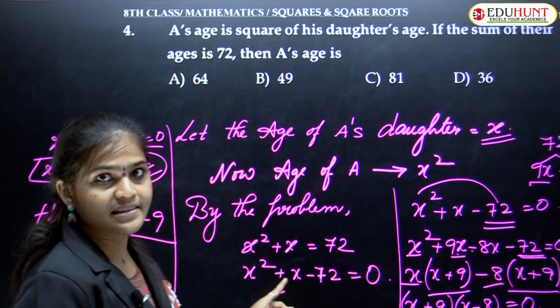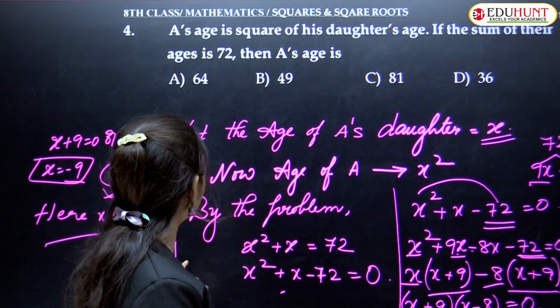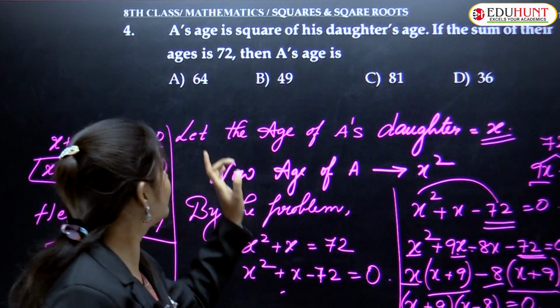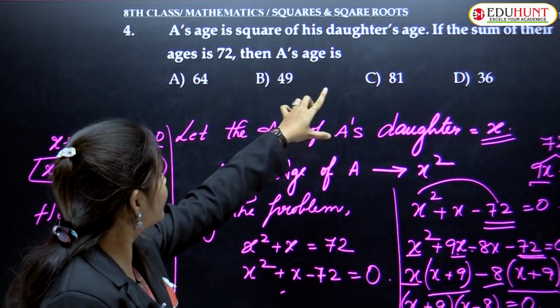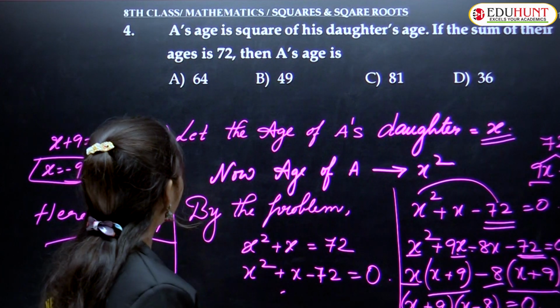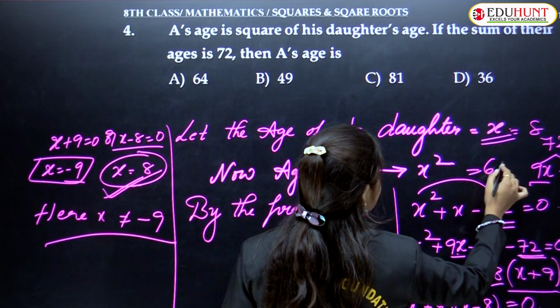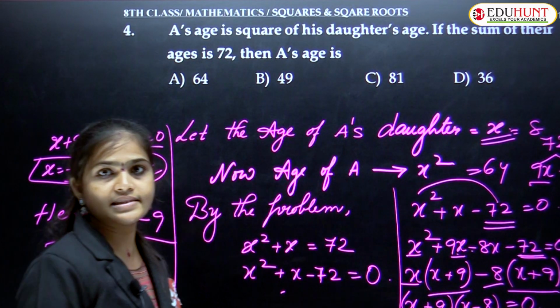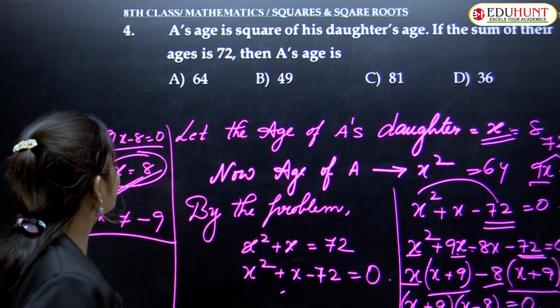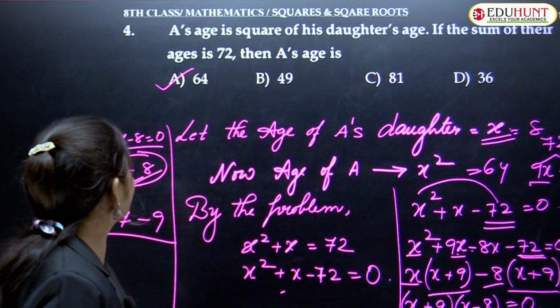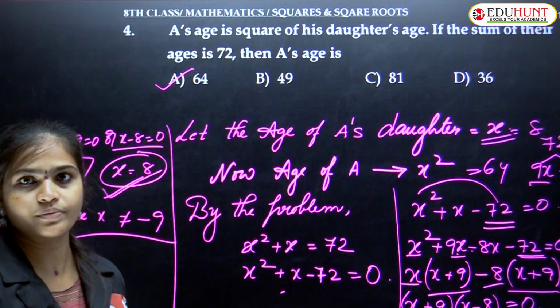A is the father, not the mother. The daughter's name is not given. So her age is 8 years and his age is 64 years. Understand? Which option is correct here? They are asking the father's age, A's age, so A's age is 64.